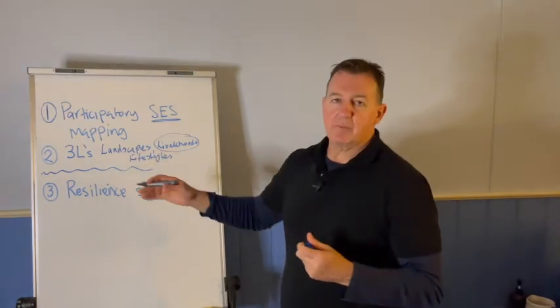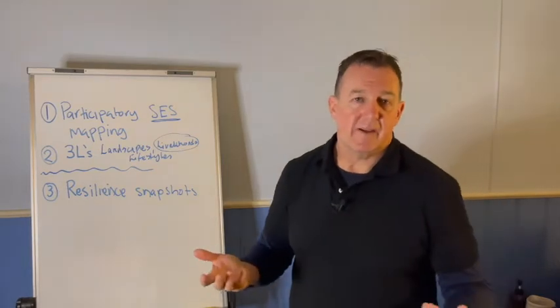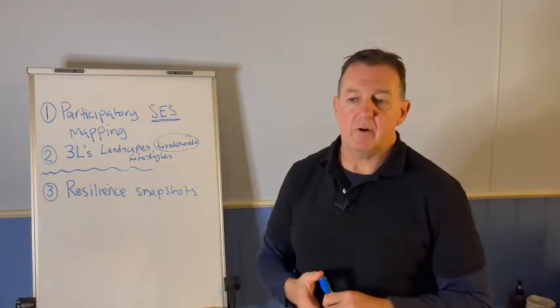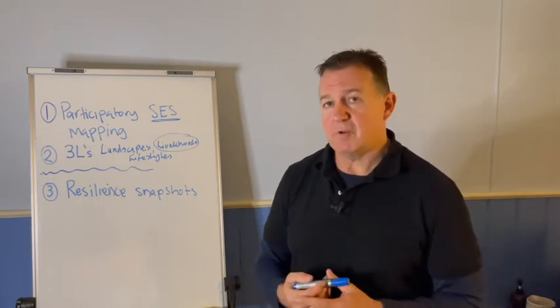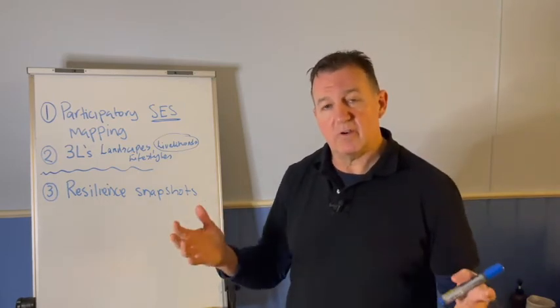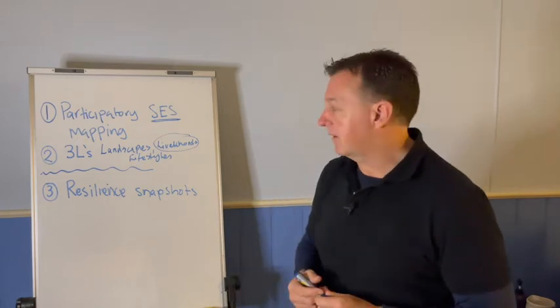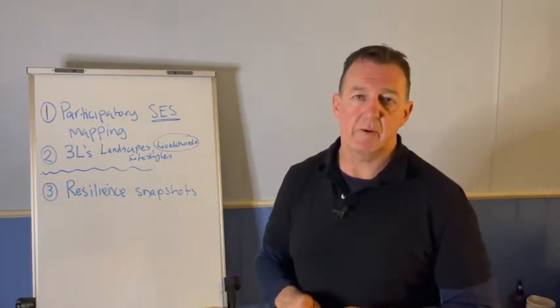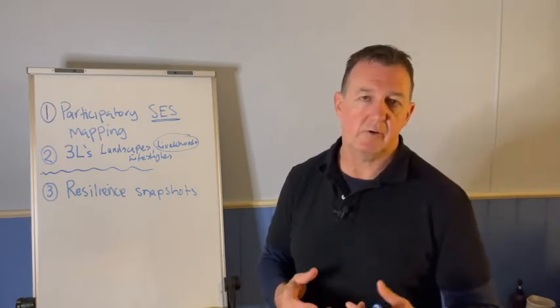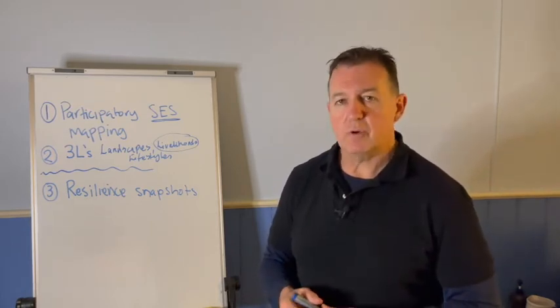And of course landscapes, and that's obviously about the ecosystems that people are dependent on or that they interact with. And that may be really broad, so we might be just talking about a very broad mapping of those ecosystems, or it may be just a list of things that people think are important from an ecological or environmental point of view.